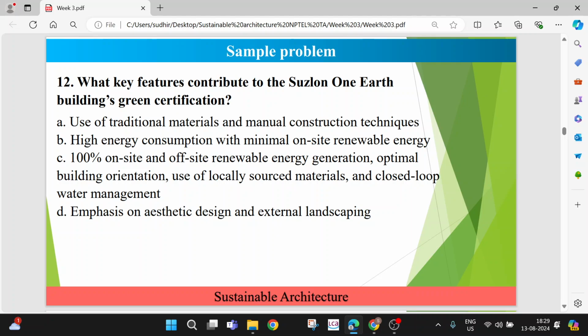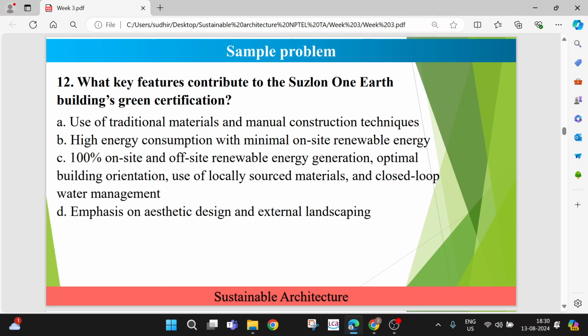And fourth, it implements a closed loop water management system, where all the wastewater is recycled. So overall, you will see 100% on-site and off-site renewable energy generation, with optimal building orientation, use of locally sourced materials, and closed loop water management. All these features are incorporated in option C, so option C is the right answer.